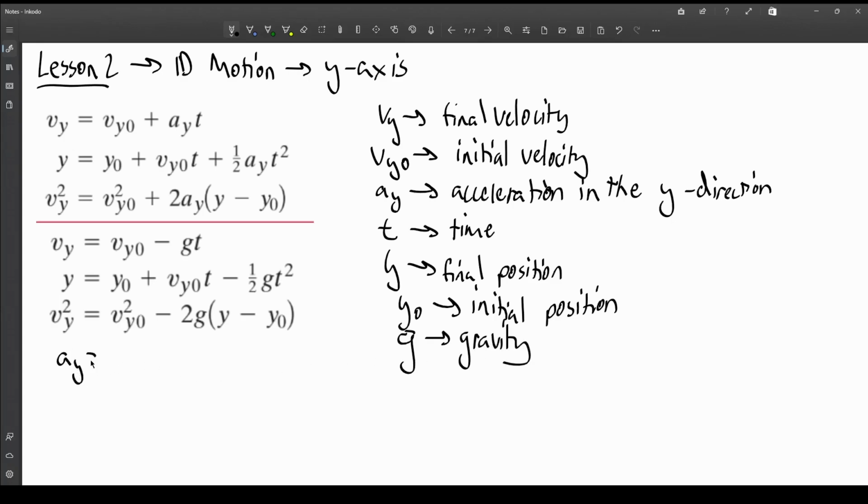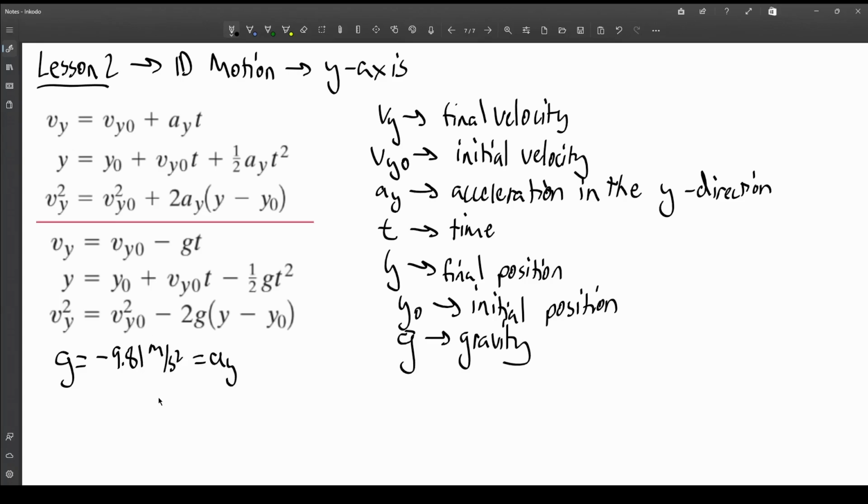So Ay is equal to gravity, or instead, it would be better to write gravity is equal to Ay, but specifically, it's equal to minus 9.81 meters per second squared. So why is it negative?